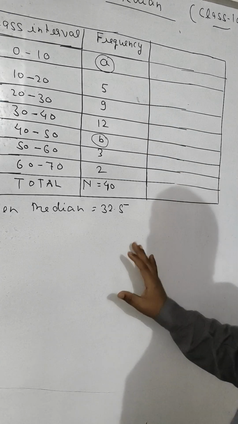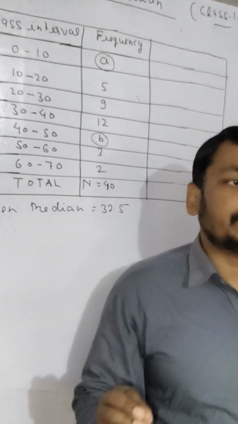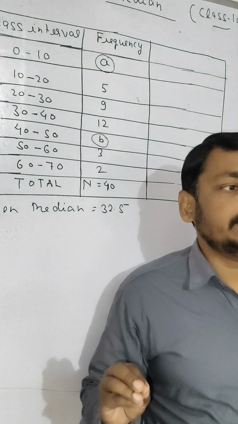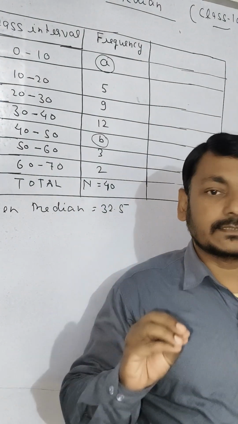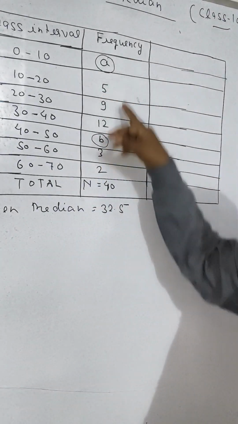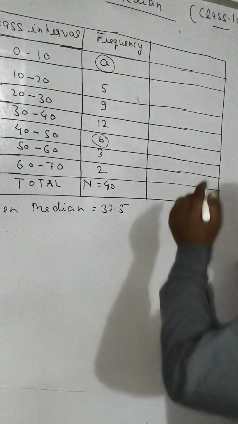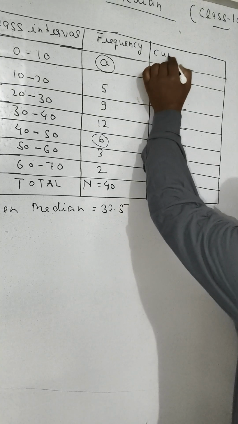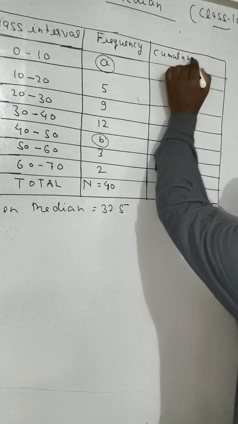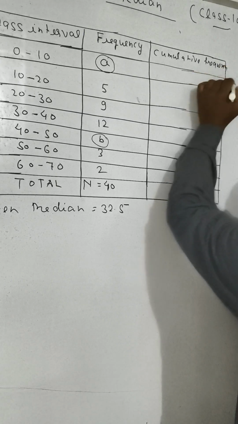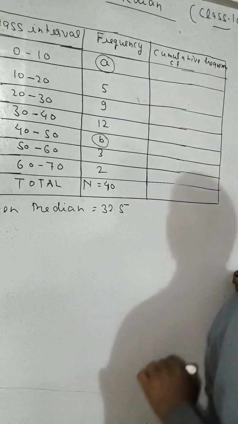First of all, we will have to calculate the cumulative frequency. Cumulative frequency is calculated by adding the frequency from the frequency table to the sum of its predecessors. This is also known as CF.